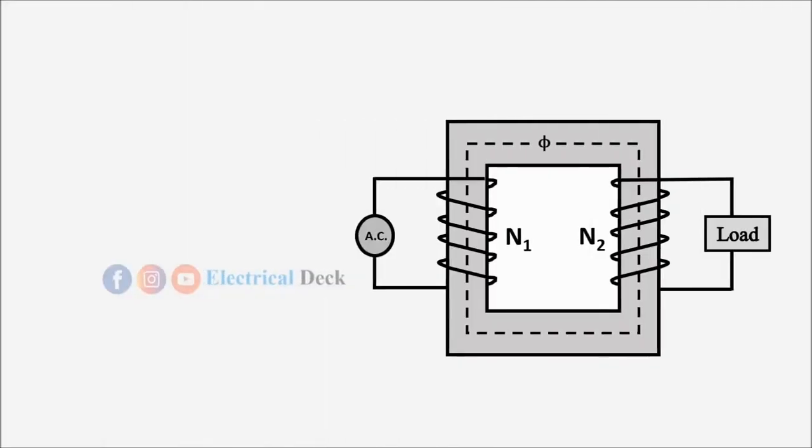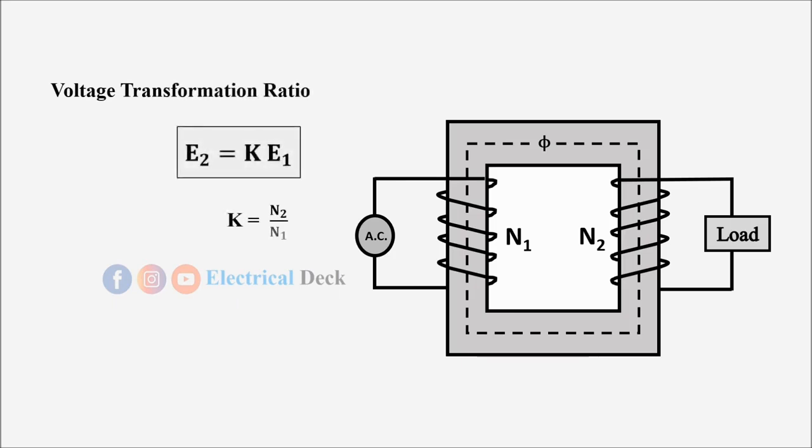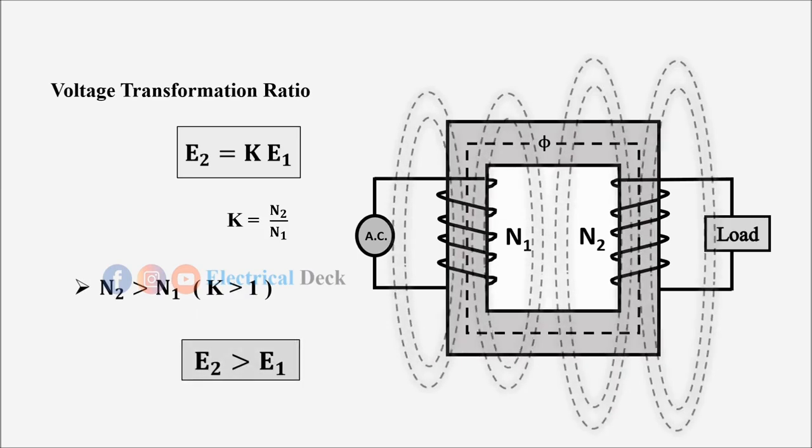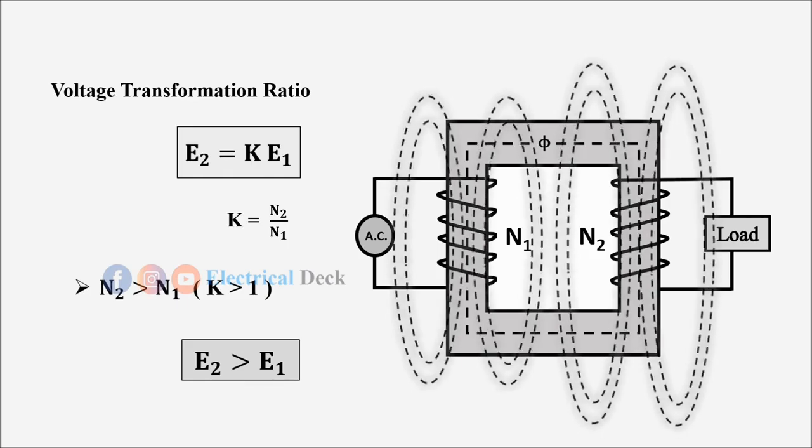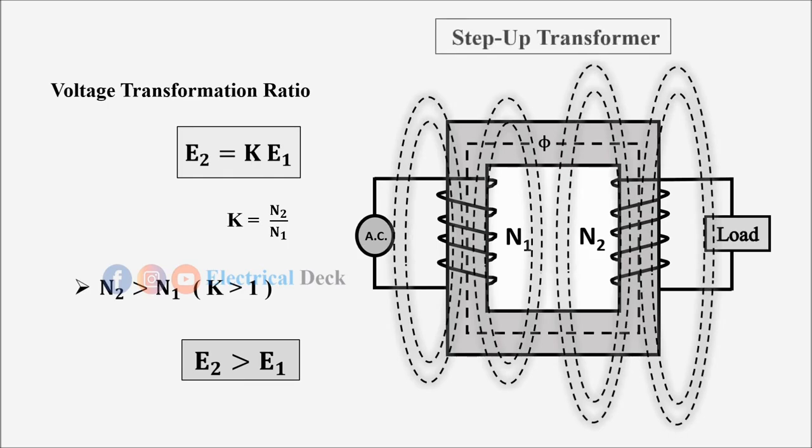Now, from the voltage transformation ratio of transformer, we can say that if secondary turns N2 is greater than the primary turns N1, that is K value is greater than 1, then we get E2 greater than E1. At this condition, we can say that the transformer works as a step-up transformer.